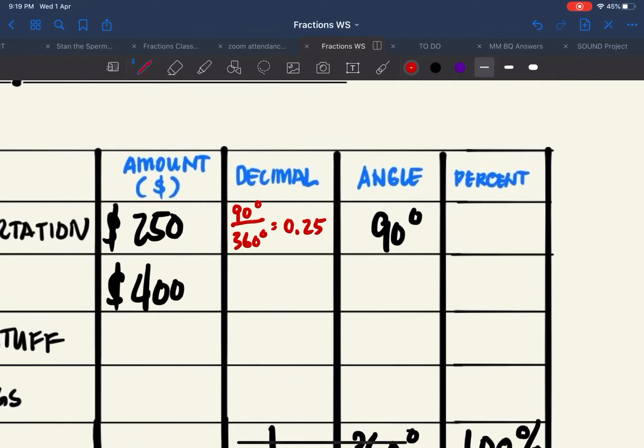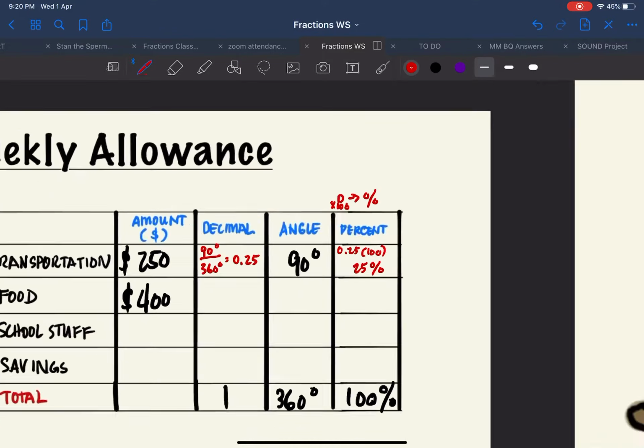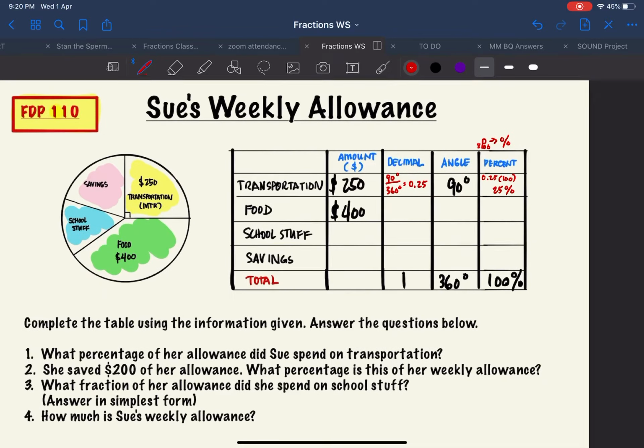And we know decimals to percent, that means we multiply the decimal by 100, okay? So multiply the decimal by 100. So 0.25 times 100 gives you 25%, okay?